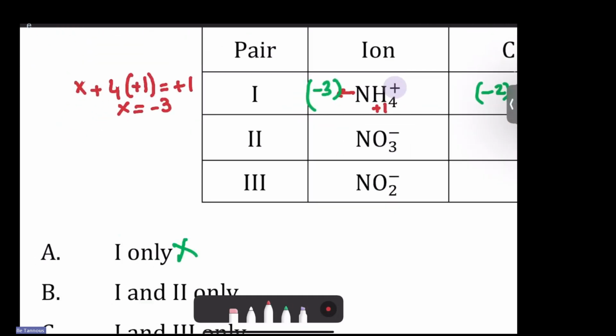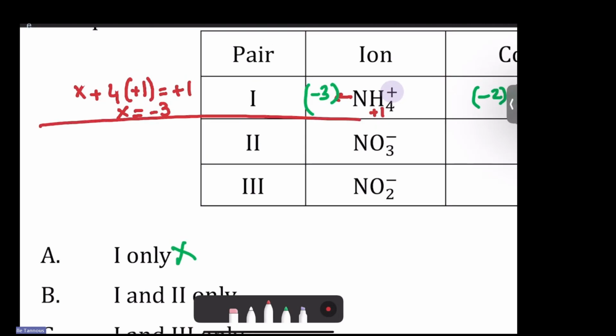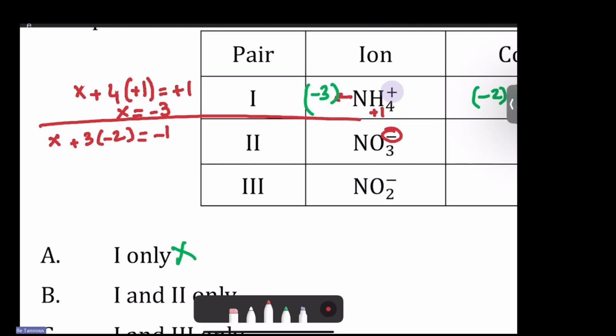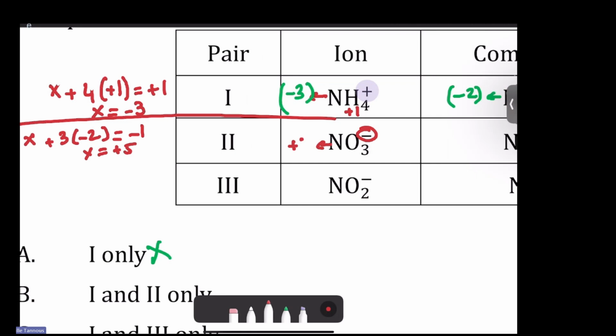Next, NO3. Again, N is X plus 3 times the oxygen equals the charge. So X is positive 5.